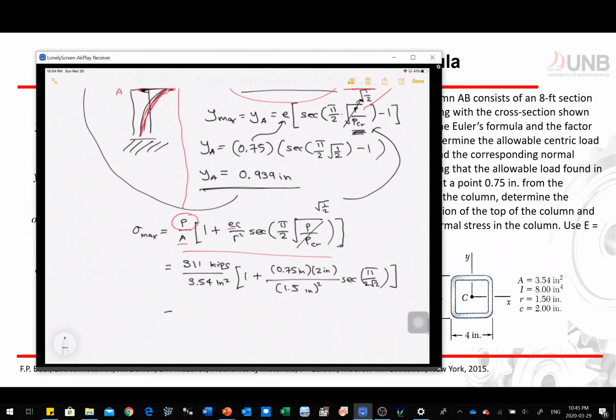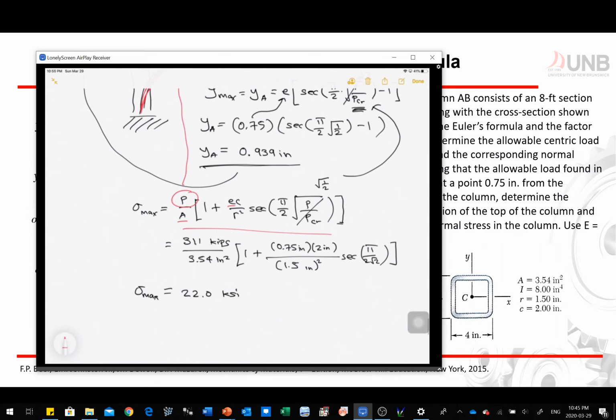And now, based on these numbers, we're going to get sigma maximum, which is equal to 22.0 ksi. So now we solved our problem right here.